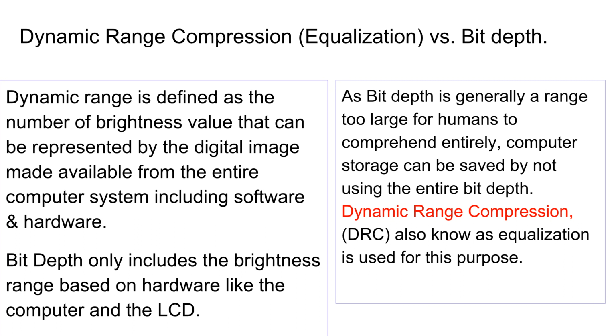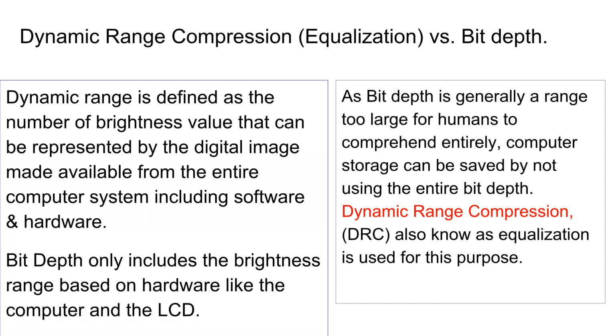So on the left, we have a couple of terms here that you should be familiar with, just to refresh your memory. The dynamic range, sitting in the correct spot here, it's above the bit depth because it's more macro. It's the potential grayscales that your pixels can have or that you can attribute to based on the entire system, right? The hardware, the software, the tube, the computer, everything.